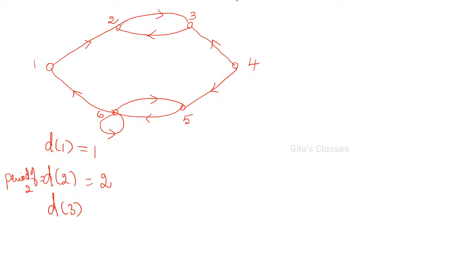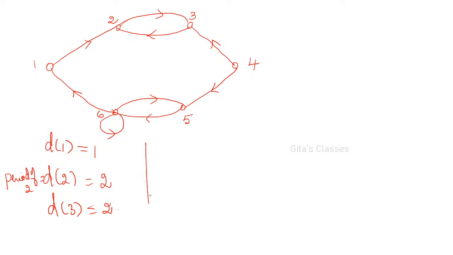From 3 you go to 2 and from 2 you come back to 3, so 2 steps. That is the period. If there is only one way, you write the number of steps. In 2 steps you are coming back to the same state. These are states 1, 2, 3, 4, 5, 6. Therefore the period is 2.